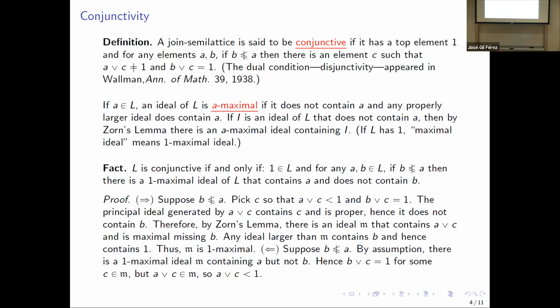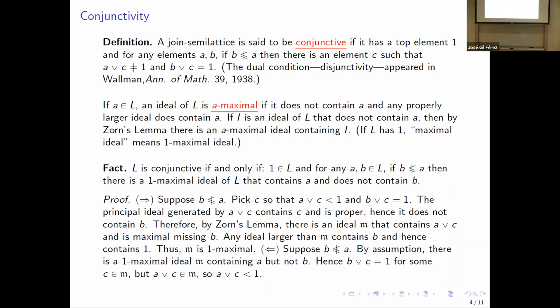An ideal of L is said to be A-maximal if it doesn't contain A and any properly larger ideal does contain it. If I is an ideal of L that doesn't contain A, then of course by Zorn's lemma, there's an A-maximal ideal containing I. If we say maximal without qualification, then we're talking about the usual notion.